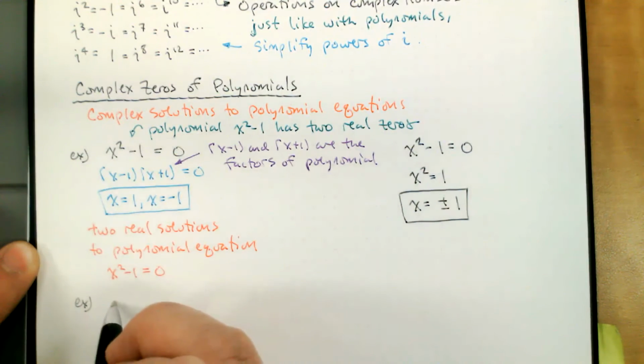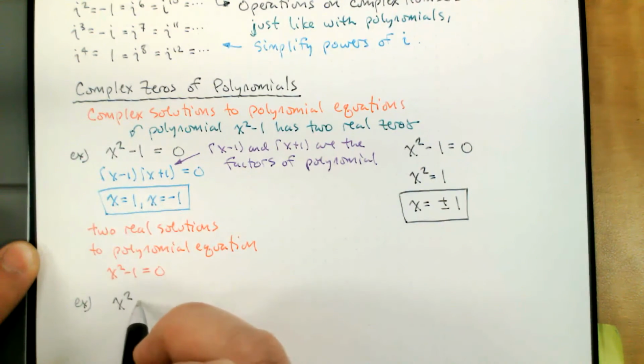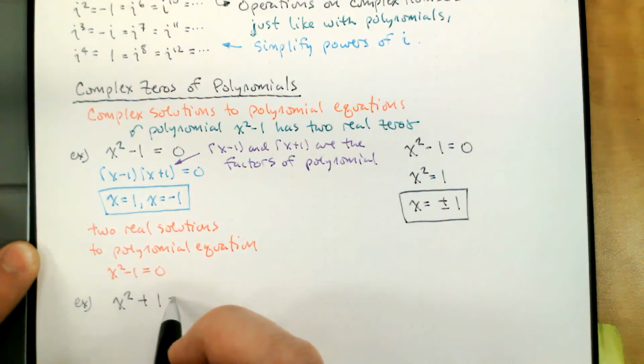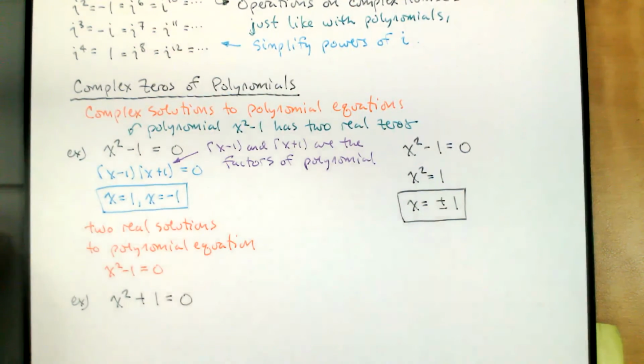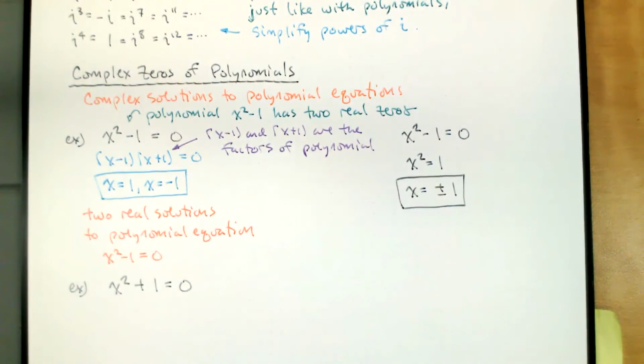We know that if I change the x squared minus 1 to an x squared plus 1 and put that in an equation, x squared plus 1 has 2 complex zeros.